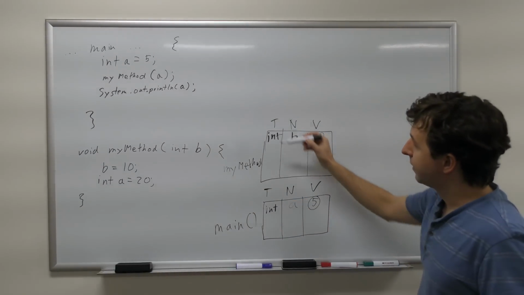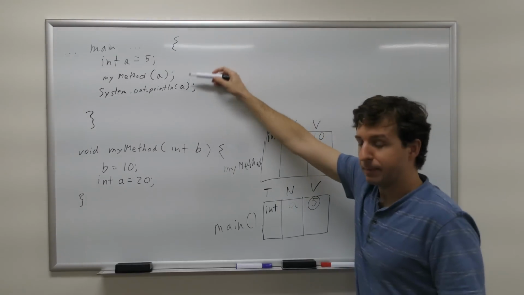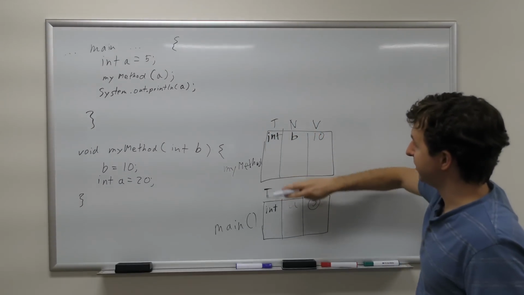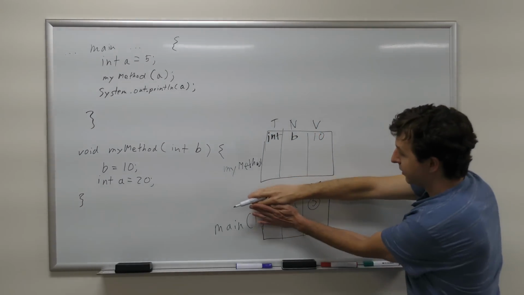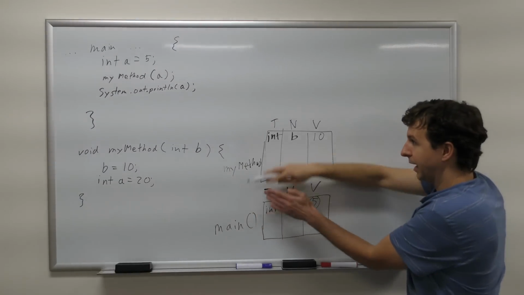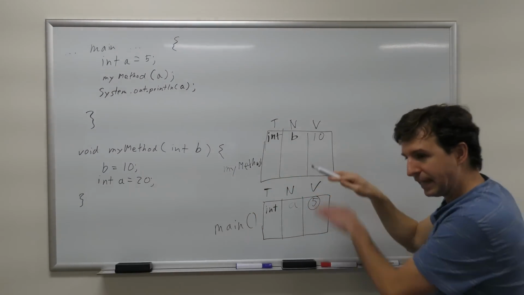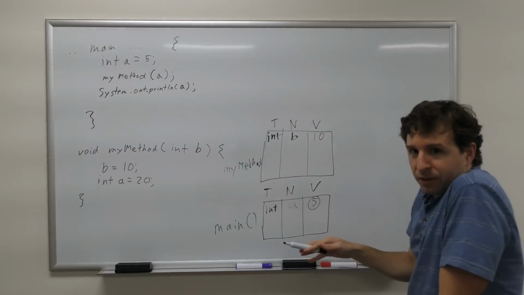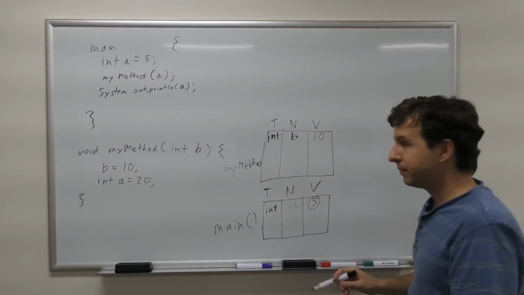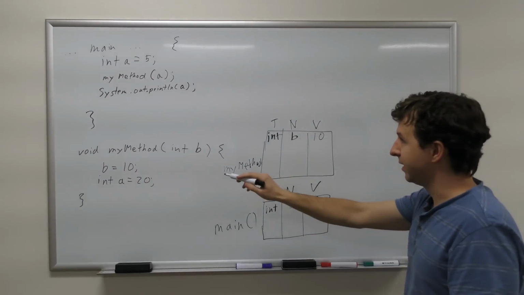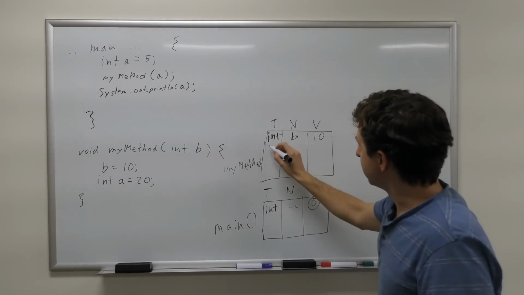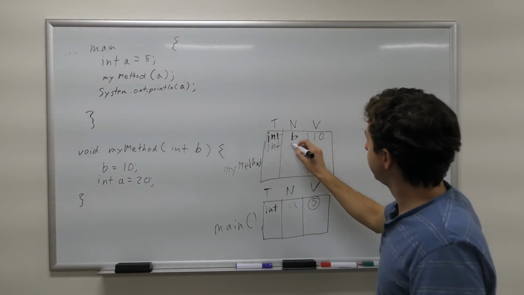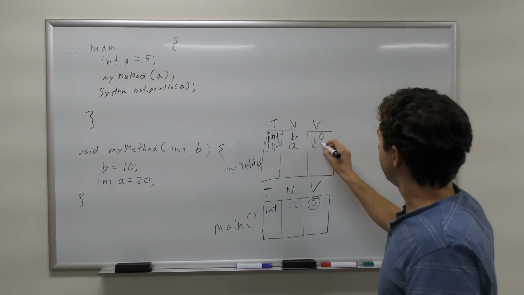Because a, which is defined in the main method, is completely inaccessible to the code at this point. It might as well not even exist. Everything underneath this stack could be thousands of entries long. Everyone could have an a in it. Doesn't matter. As far as it knows, a does not exist anywhere else. So we go ahead, int a, and we assign it to 20.